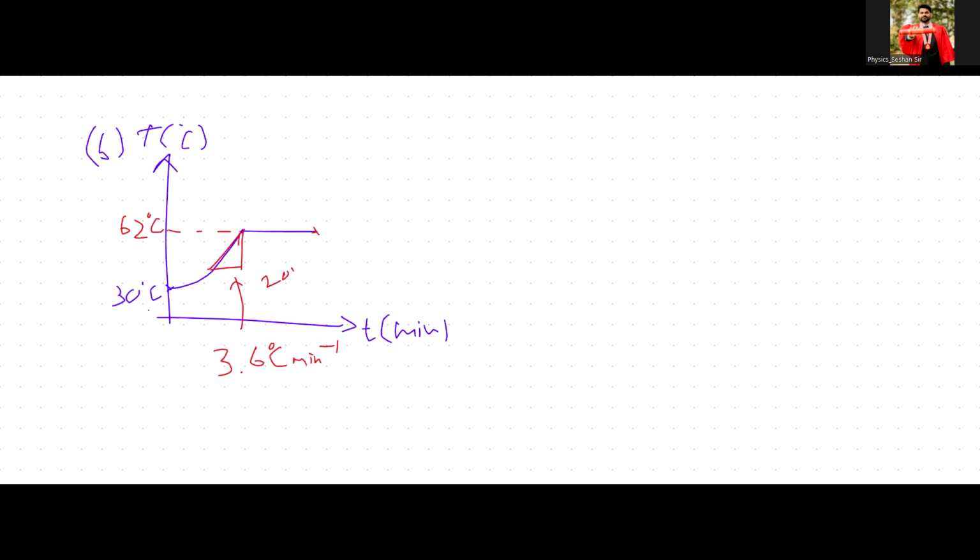Then what else do they give? The gradient of the tangent drawn to the graph just after the wax completely melts. Here they mistakenly worded it, but it means this region after it completely melts, which is 4.8 Celsius per minute.